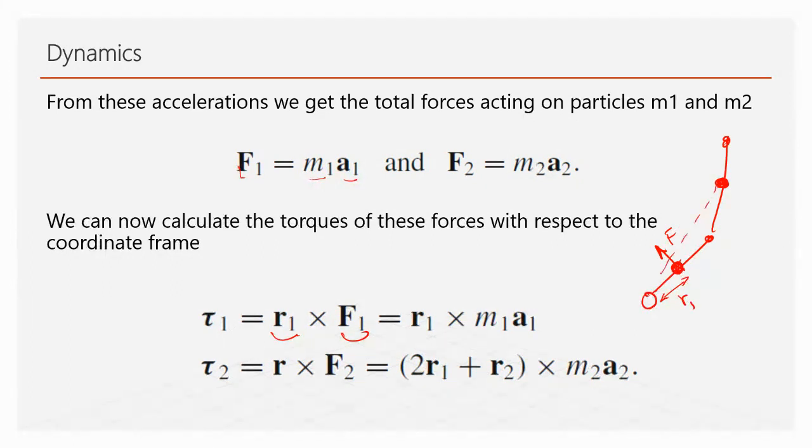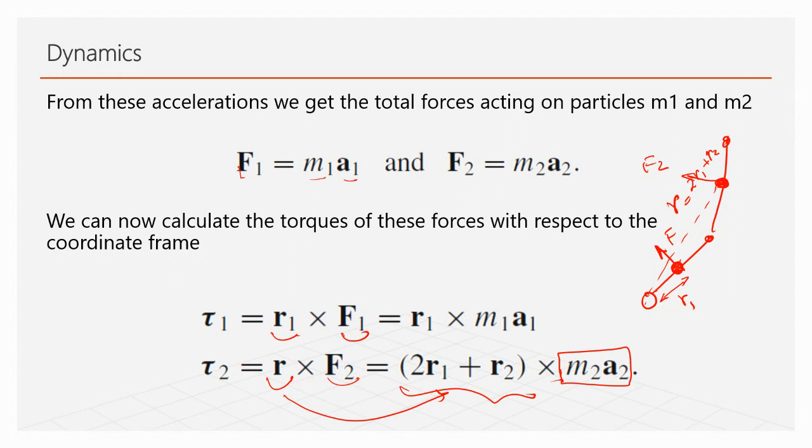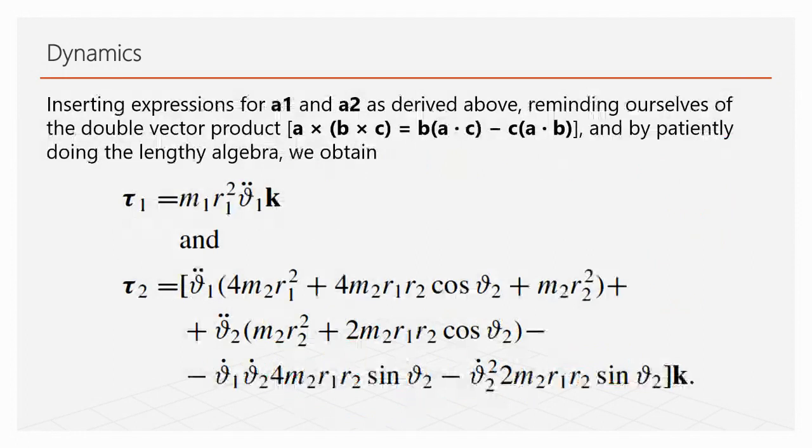For this one, if you remember, we did the calculation, which was 2R1 plus R2 by the force F2, which is M2A2. These will be torques at two joints, and if you replace them with the calculation, you see the torques at two joints will be this.